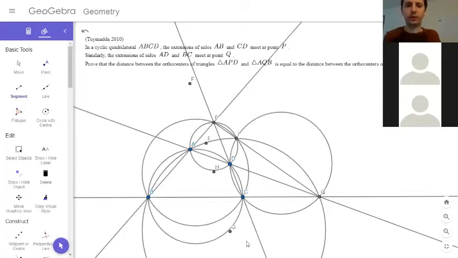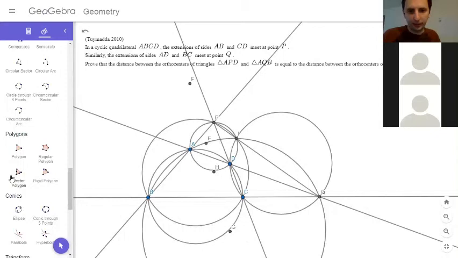I'm sorry, the distance between two orthocenters. So yeah, I'll draw those three circles with diameters BD, AC, and PQ.